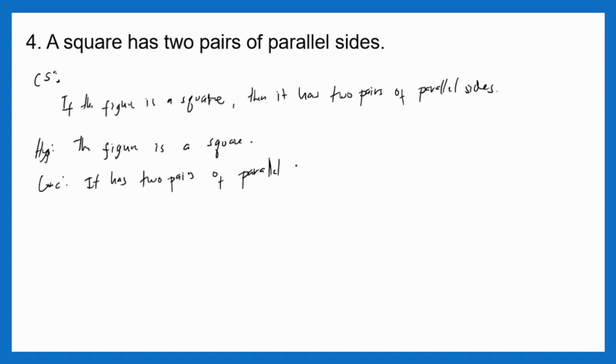Alright, so, madali lang naman siya. Yung paggawa ng mga sentences, ang medyo tasky. Alright, so it has 2 pairs of parallel sides. Again, ang hypothesis ay yung if na part, tapos yung then na part is conclusion. Alright, so that's for our examples.